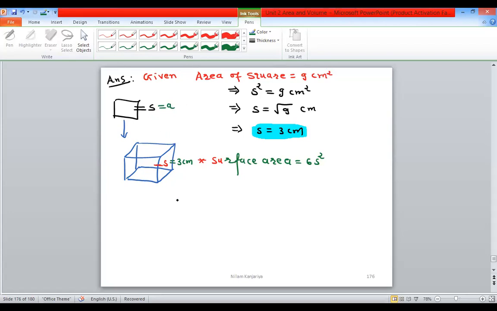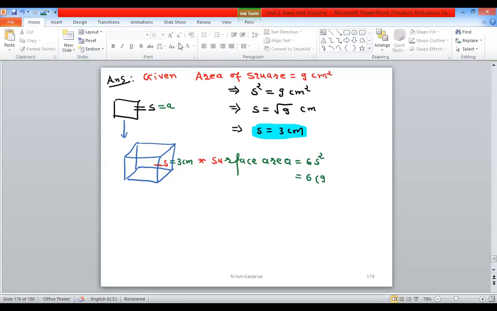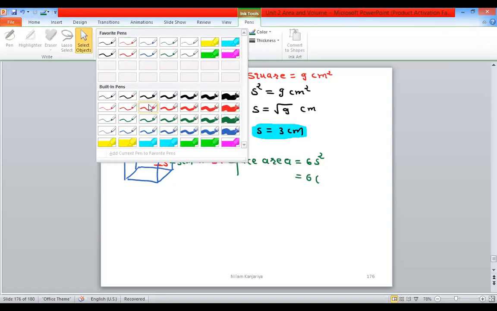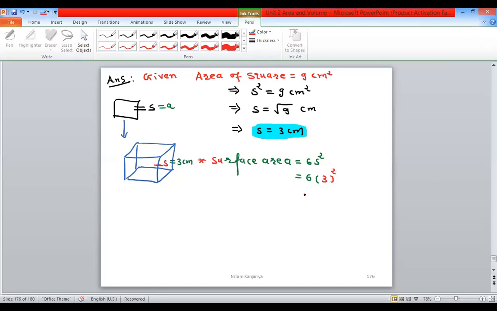Here I'm using the S. So 6 into 9, sorry, 6 into 3. Then directly you can put the value of S square here. So 6 into 3 square, S is the length of side, 6 into 9, 6 into 9, 54 centimeter square.